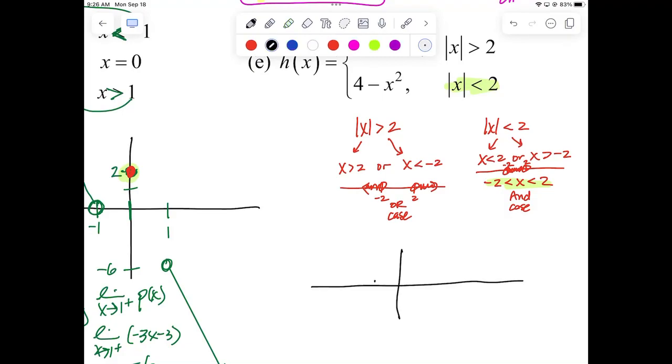So I'm going to come over here, this is negative 2. Come over here, this is positive 2. I know what the graph looks like in between there, right?